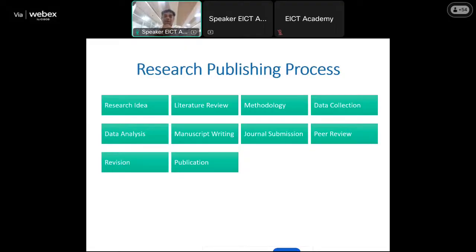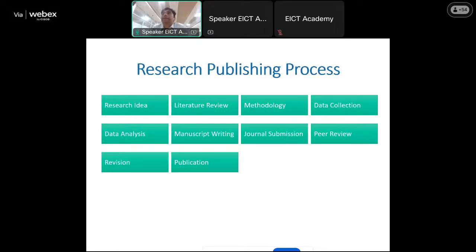Okay, now publishing process. First of all, you need to go for a research idea. So in what idea you want to publish a paper, and second is you need to go for a literature review. For that particular research idea, whatever the articles which are available in various databases, you need to find out.